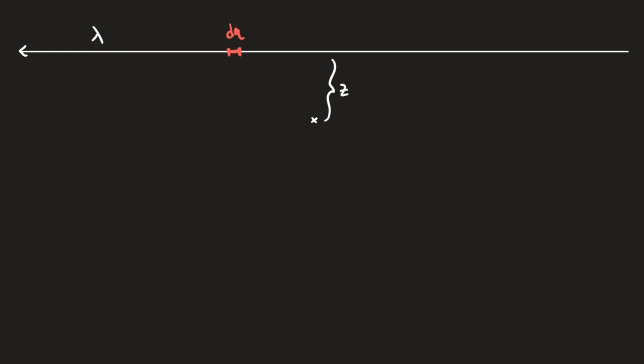I think it wouldn't be too crazy to assume that there's a point on the line that is a perpendicular distance z away from where I am, and call that 0. And maybe label this distance x.